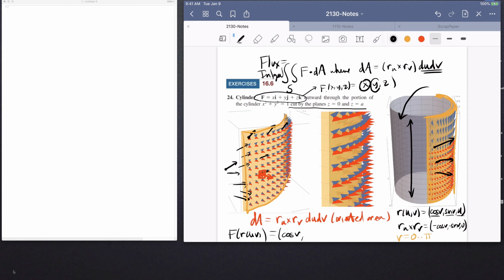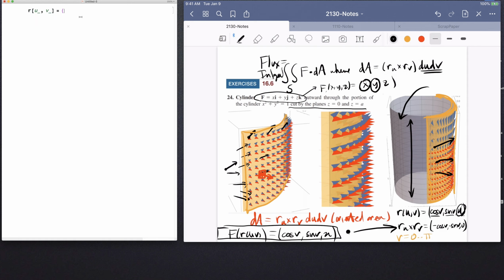Wherever I see the y, I'm going to put sine of v. And wherever I see a z, I'm supposed to put u. So here is our vector field along the surface. We need to dot product that with the normal vector to the surface.